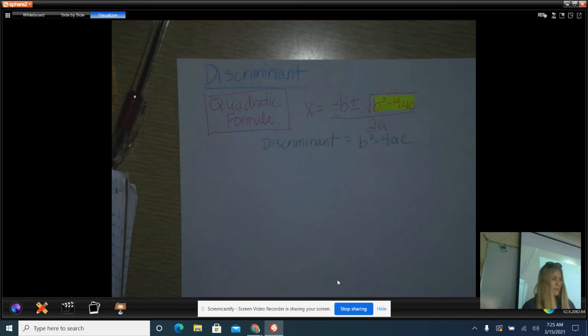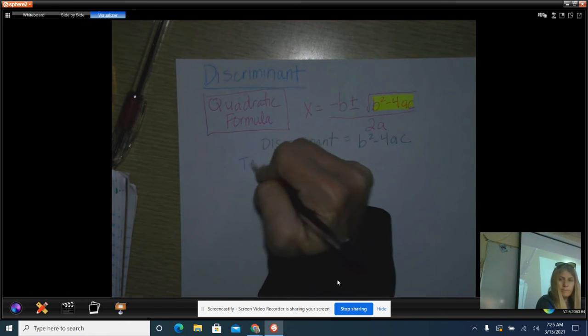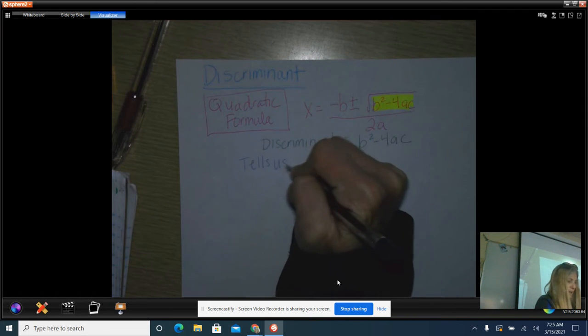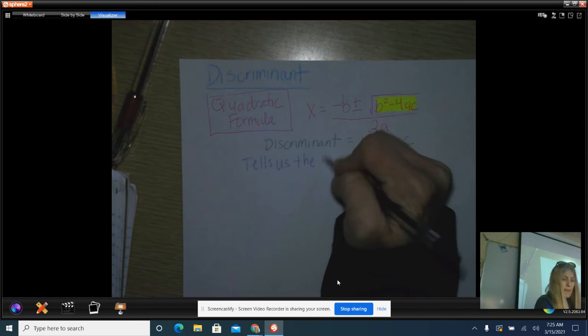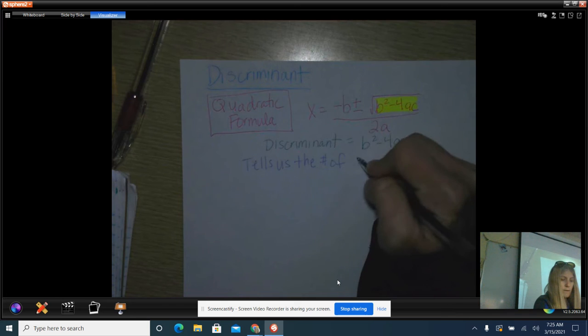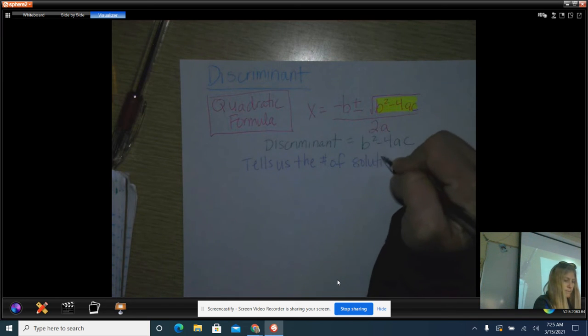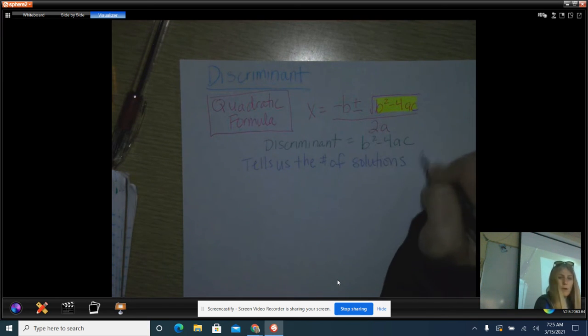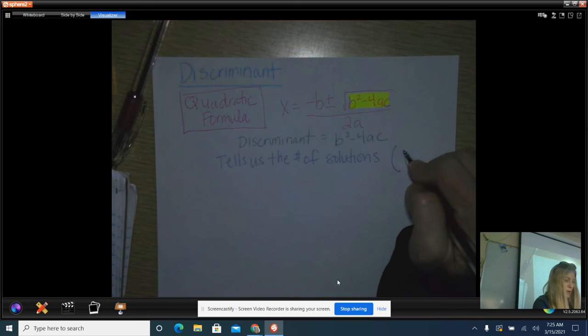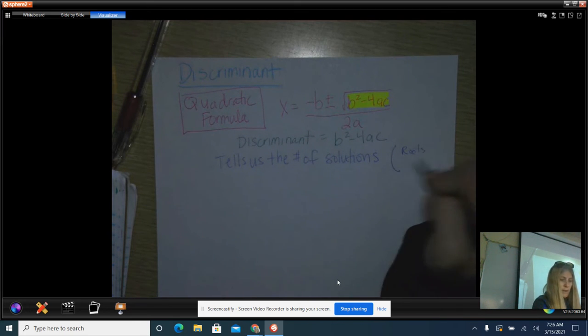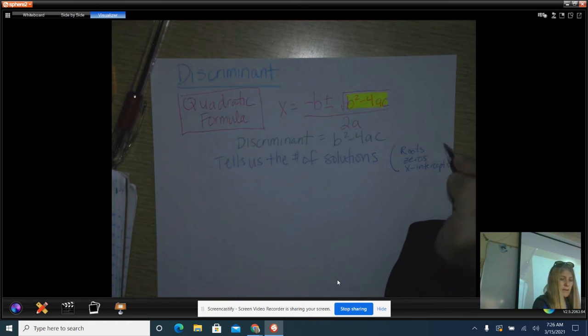And the discriminant has a job, and its job is that it tells us the number of solutions. And remember, solutions could also be called roots, zeros, or x-intercepts. It's the same thing.